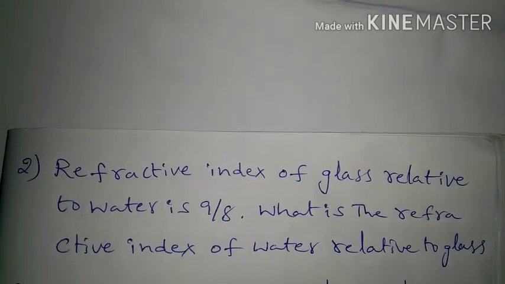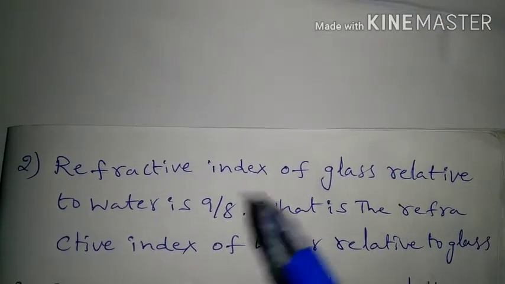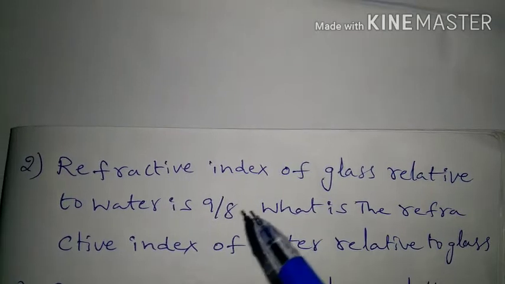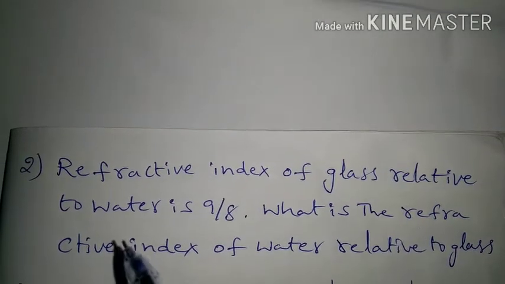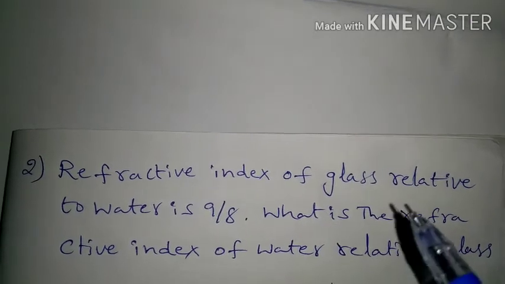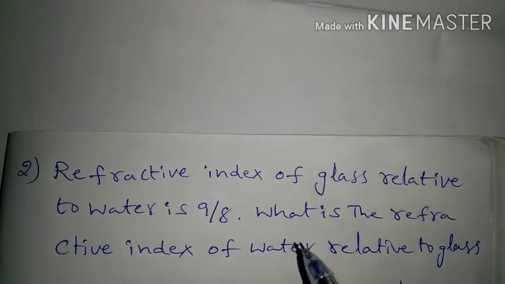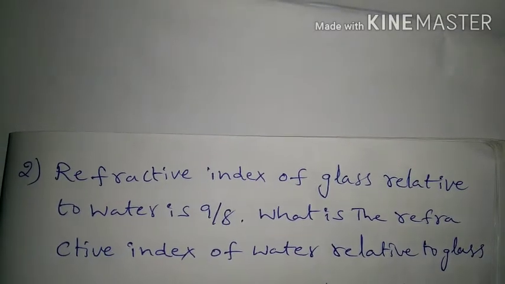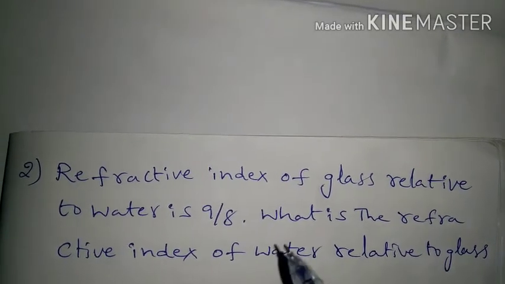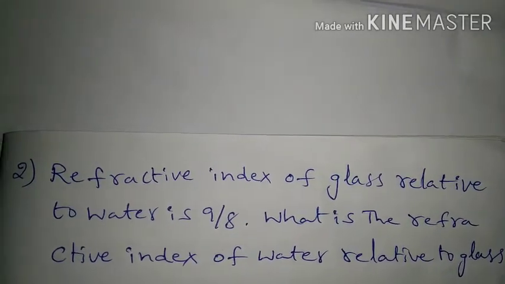Once again, the refractive index of glass relative to water, glass to water, is 9 by 8. Next, what is the refractive index of water to glass? Okay, solve the problem.